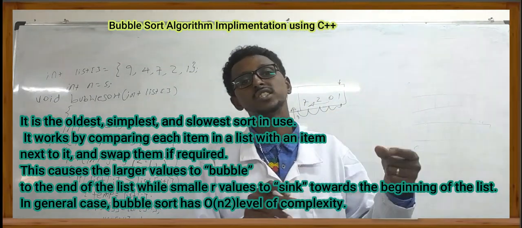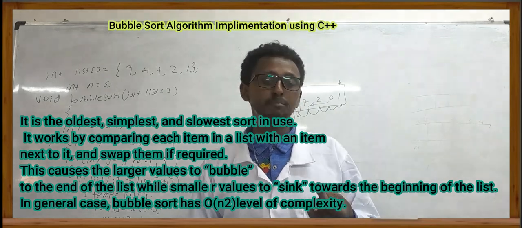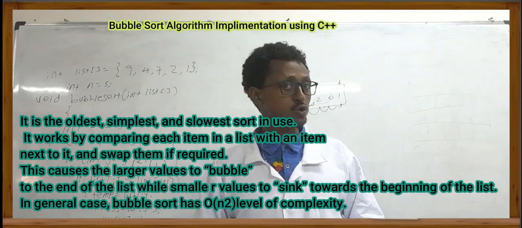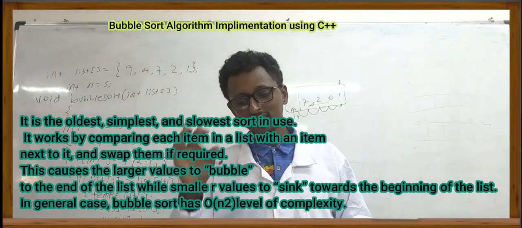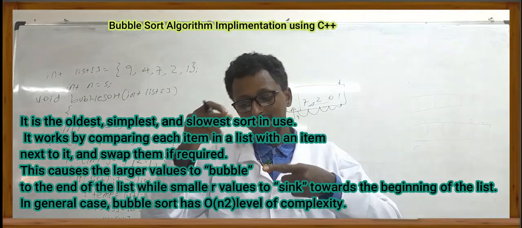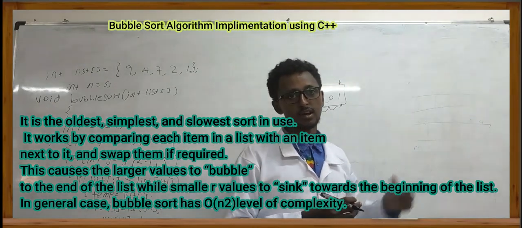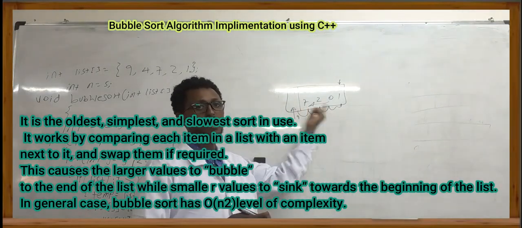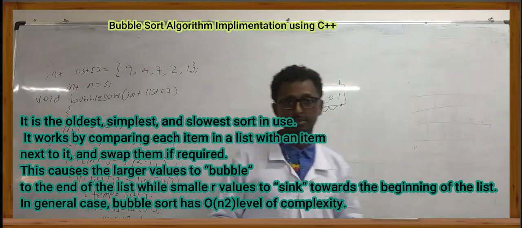That means if the previous item is greater than the next item, you should swap them into their correct positions. So the larger values bubble to the end of the list, while smaller values sink towards the beginning of the list. This is how bubble sort works.